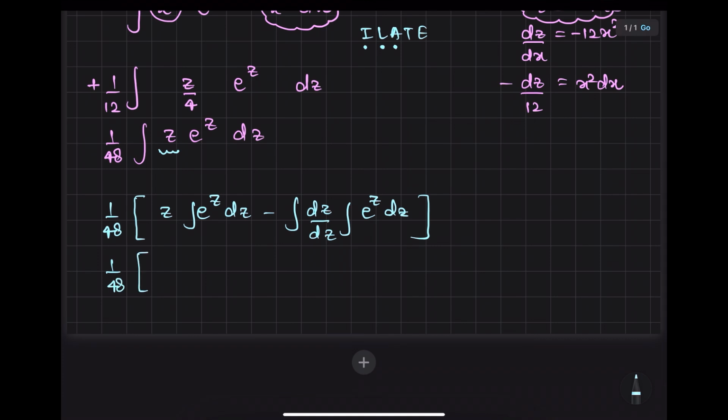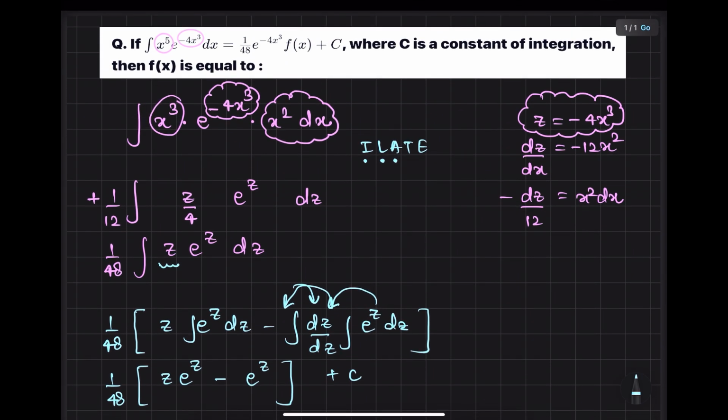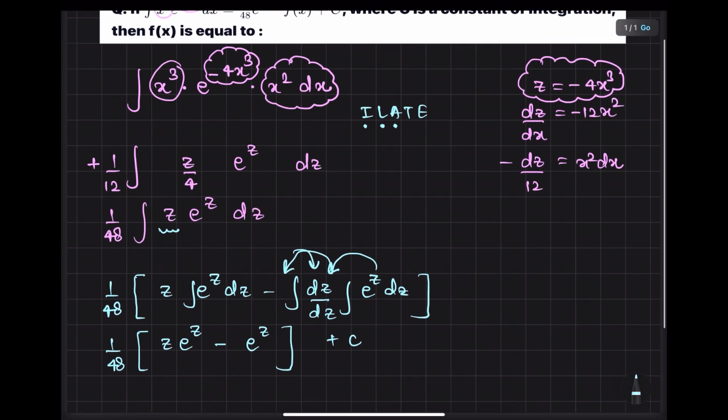Means replacement, you know that integration of e power z is e power z only, minus differentiation of z is 1, integration of e power z is e power z, again we have to integrate, so it will become e power z plus integration constant c. Okay, now you can apply the replacement as the answer was in x not in z, so you have to replace z with minus of 4x cube.